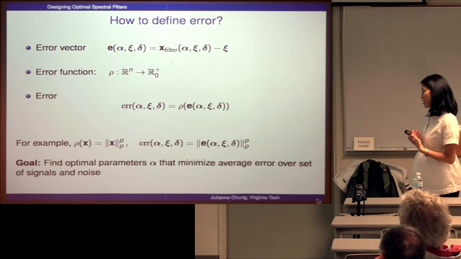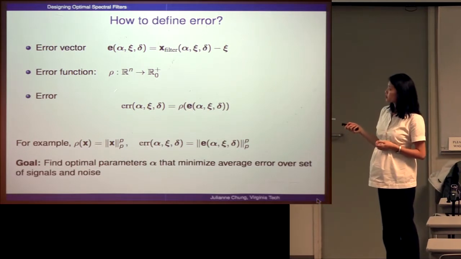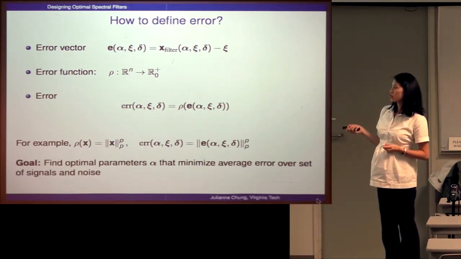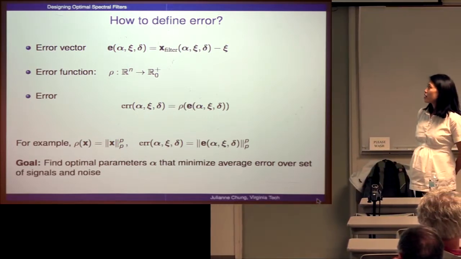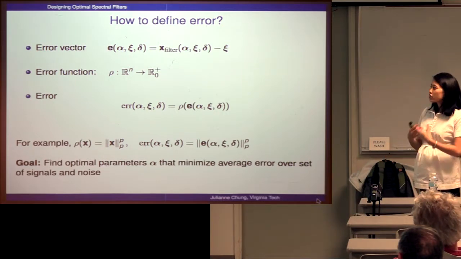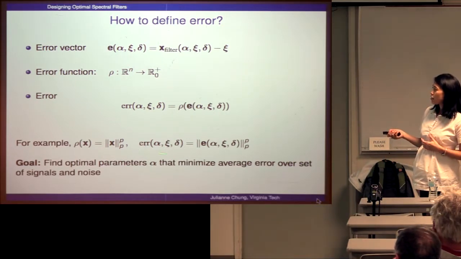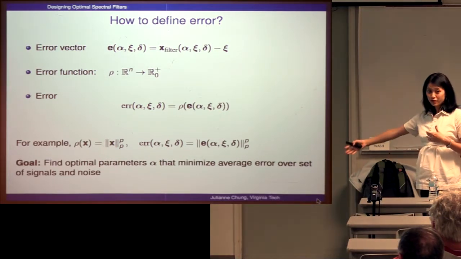You can define the error function in various ways, so we're going to define it with this rho function. The simplest case is to think about it as a norm. You can use, for example, the p norm, or if you like, the 2 norm of the error. The idea is that we want to compute these optimal parameters alpha that minimize the errors over the entire set of signals and over the entire set of noise.